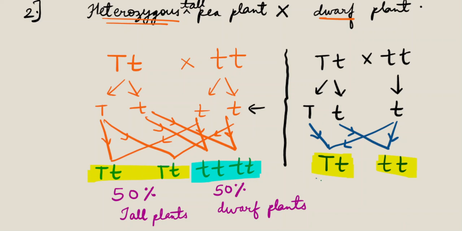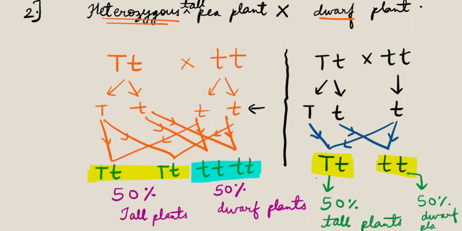So here also you will write the same: 50% tall plants, and here also 50% dwarf plants. So this is about question number 2 which we did here.